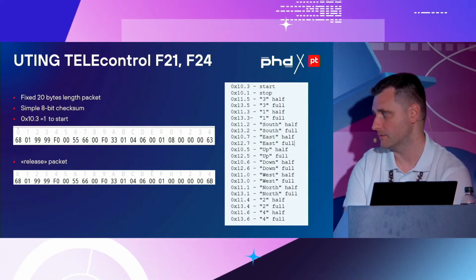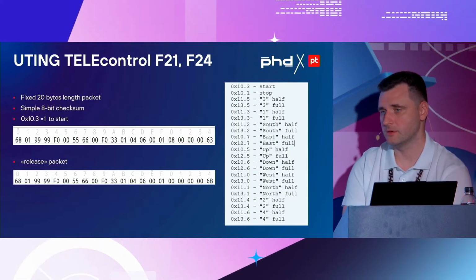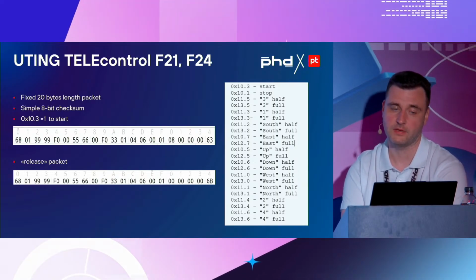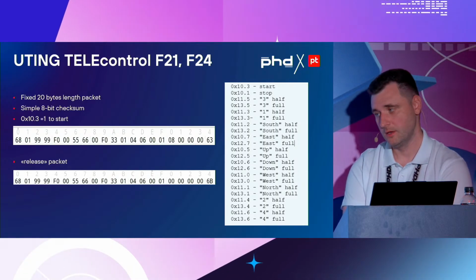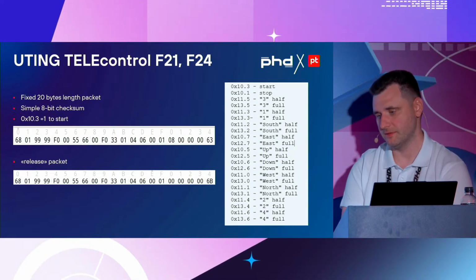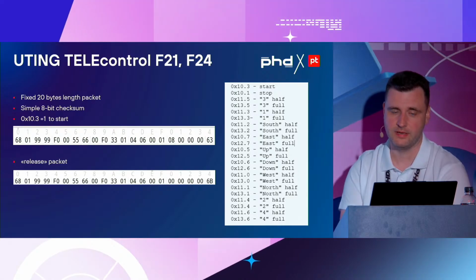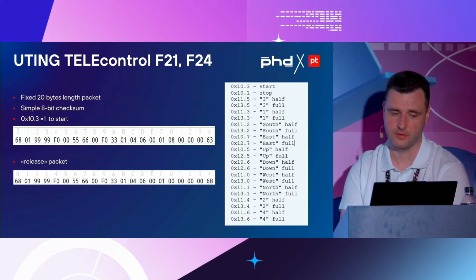Then, from time to time, you have to send a release packet in order to keep the connection, because all the receivers by default should switch off once the connection is lost.